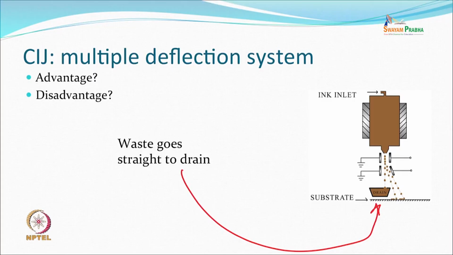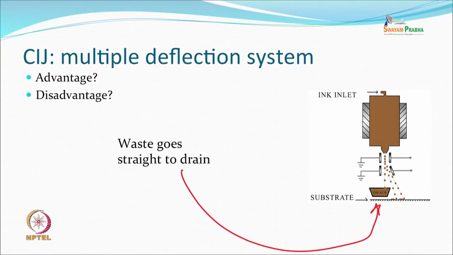The other thing on the continuous inkjet system is a multiple deflection system. When you have already charged the material, the reverse can also be done. The drain is going straight, and multiple deflections can take drops to different points at the same time. One goes there, the second one has been deflected somewhere else. So multiple means more frequency, more drops getting generated.